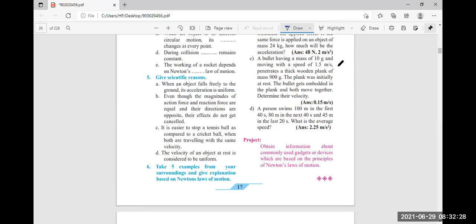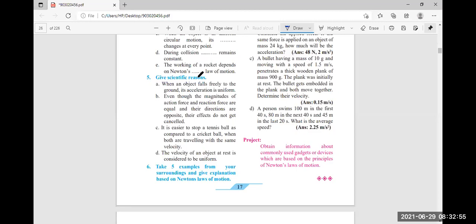Yes, Siddhika, Pandey Jyoti, is the third one correct? Yes, sir. Okay, we'll tell why this is correct. Siddharth Bhaskar, can you tell why the given answer is correct?